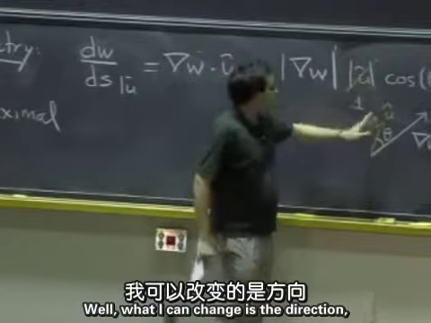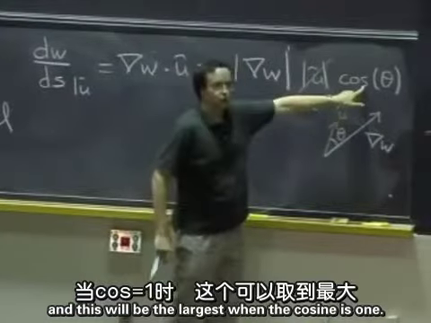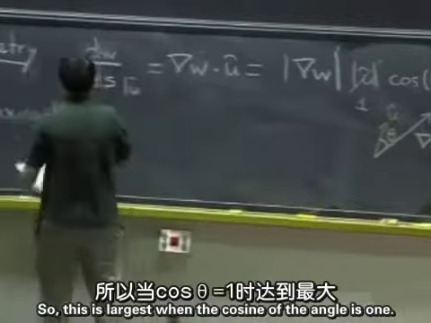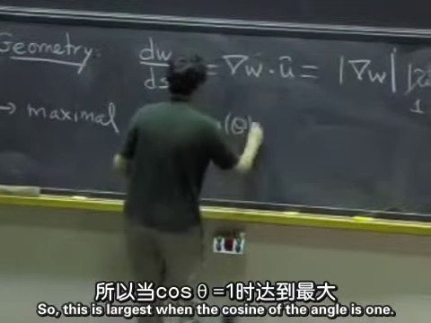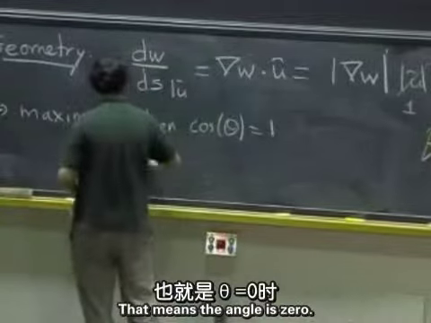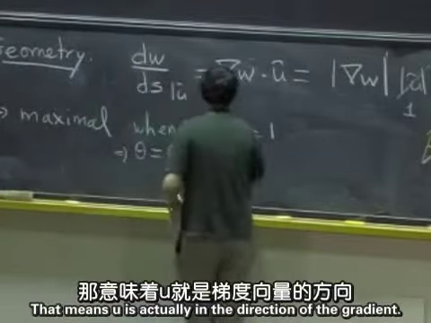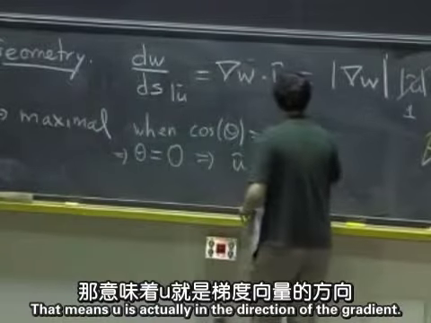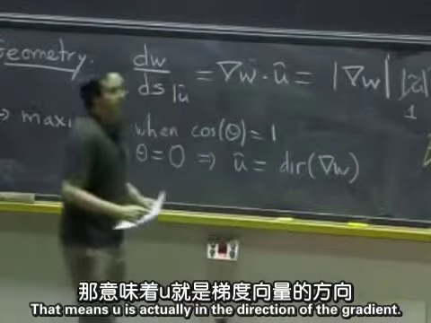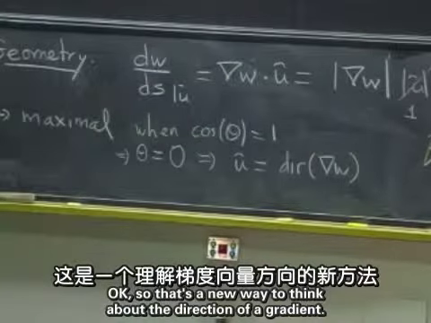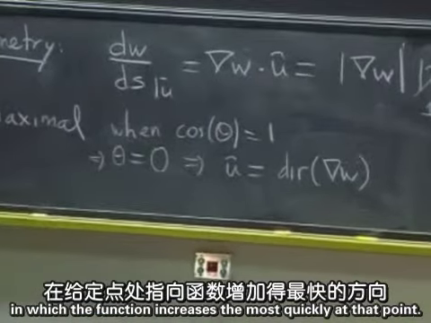Well, what I can change is the direction, and this will be the largest when the cosine is 1. So this is largest when cosine of the angle is 1. That means the angle is 0. That means u is actually in the direction of the gradient. Okay, so that's a new way to think about the direction of the gradient. The gradient is the direction in which the function increases the most quickly at that point.